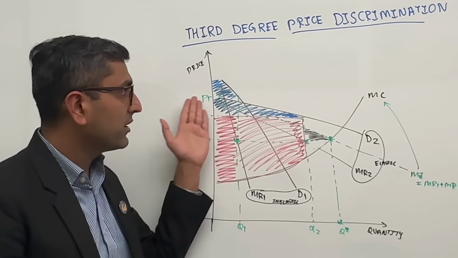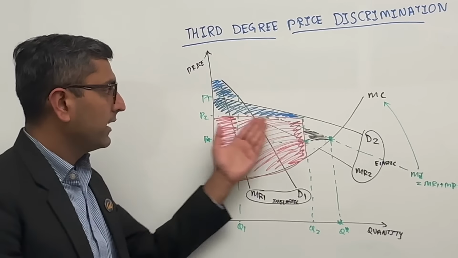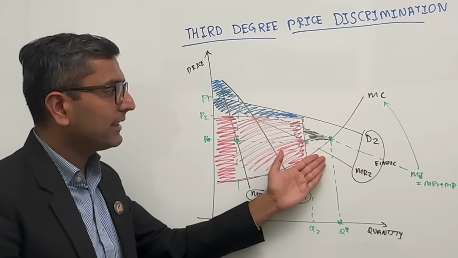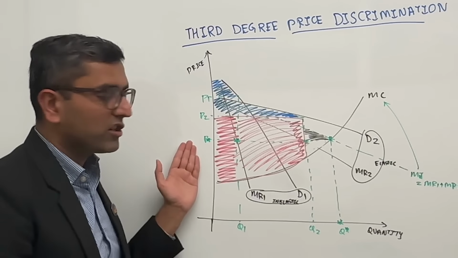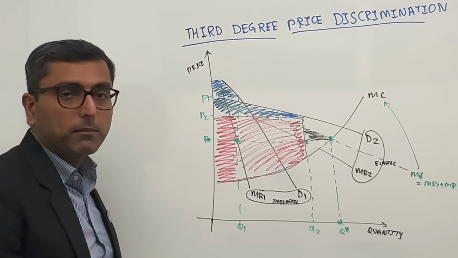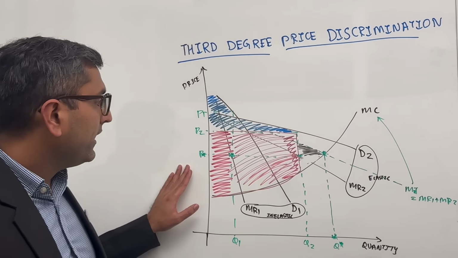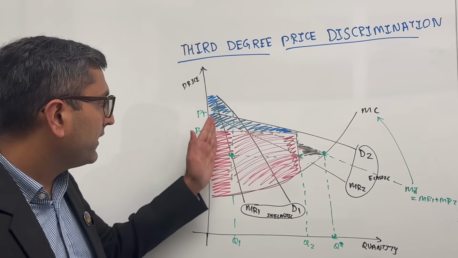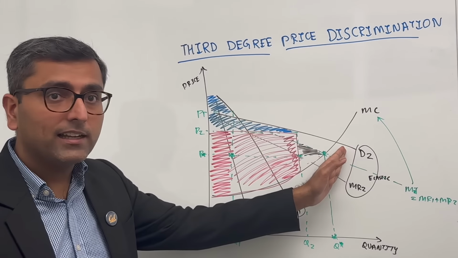You could charge them much higher prices, and you could charge lower prices when demand is highly elastic. D2 is more elastic than D1, and you charge them a lower price and still capture quite a bit of producer surplus. So as we saw here, we are able to sell to different markets where there is high inelasticity of demand compared to these markets where there is elasticity.